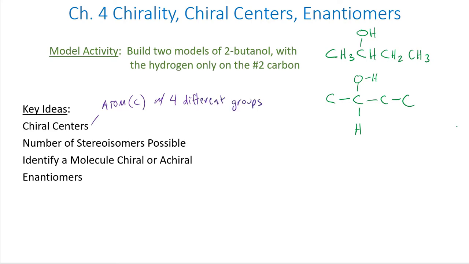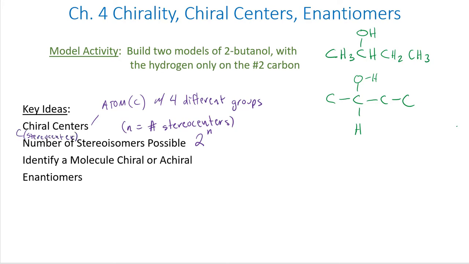The number of stereoisomers possible is going to be 2 to the power of n, where n is the number of stereocenters. Because later we're going to find out that there is another type of stereocenter that's not a chiral center. And so a chiral center, again, an atom with 4 different groups, is a type of stereocenter.